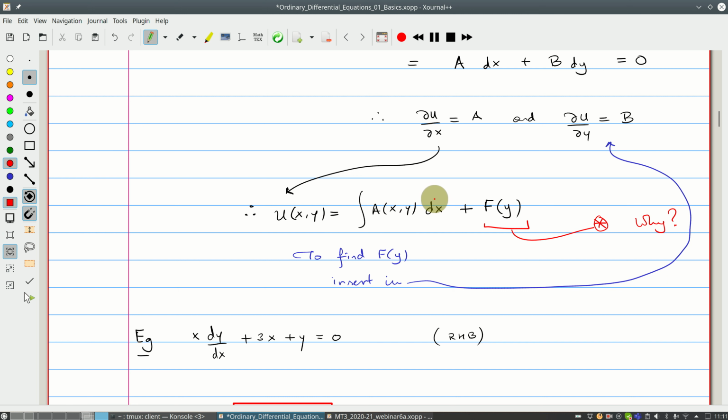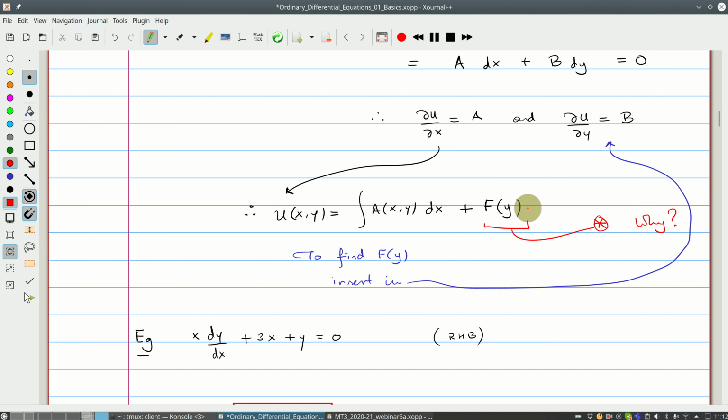But in this particular case, because we're integrating with respect to one of the variables, the constant is not a constant really, it's just a constant with respect to x. So in general it could be a function of y, because if I'm integrating with respect to one of the variables, then it's as if we are considering the other variables fixed or constants.